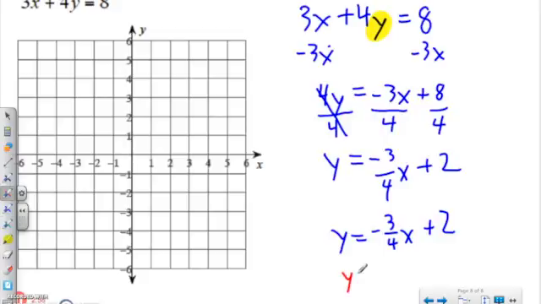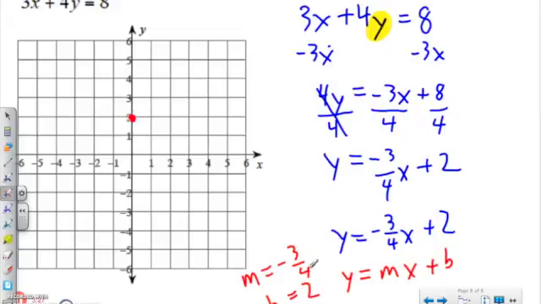If I write my general slope-intercept form underneath it, y equals mx plus b, I can see that m is going to be negative 3/4 and that b is going to be 2. So now, remembering our rules for graphing that we just learned, I'm going to start with my y-intercept, which is 2. So I'm going to go on my y-axis and I'm going to put a dot at y equals 2.